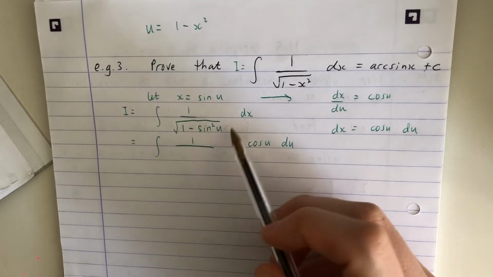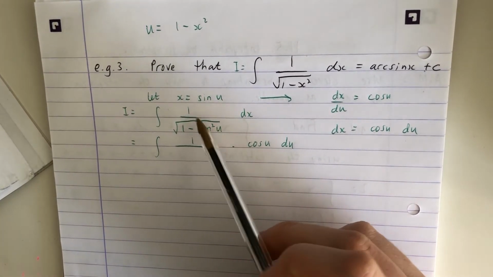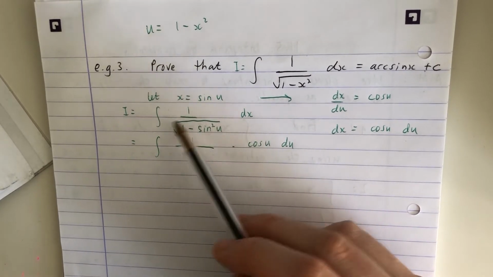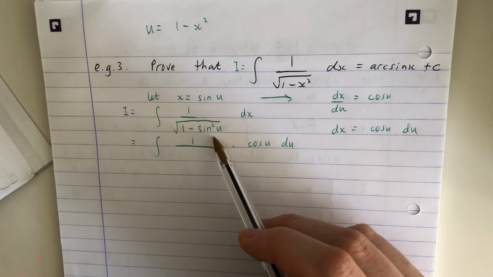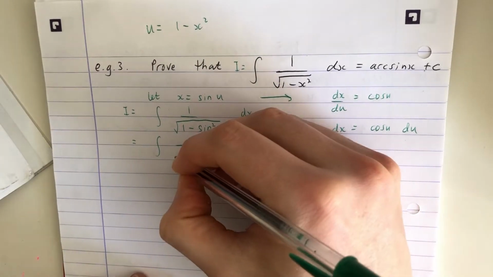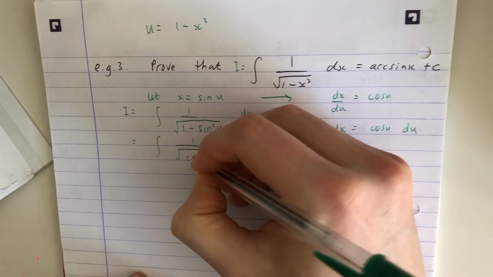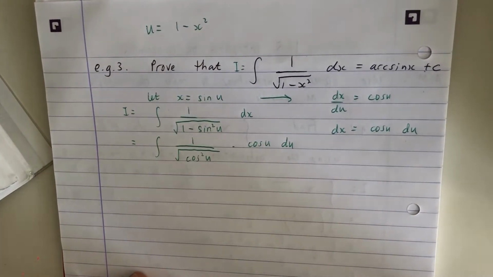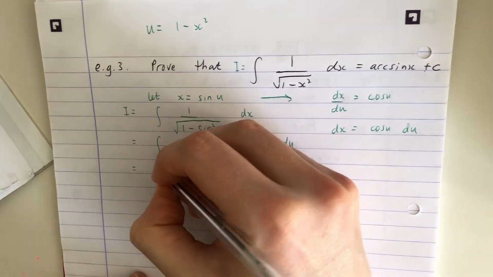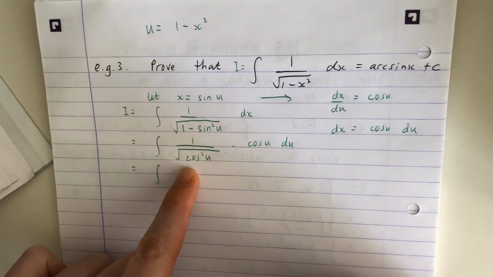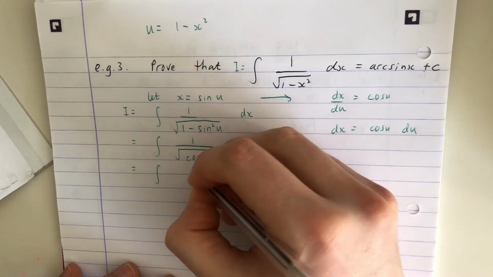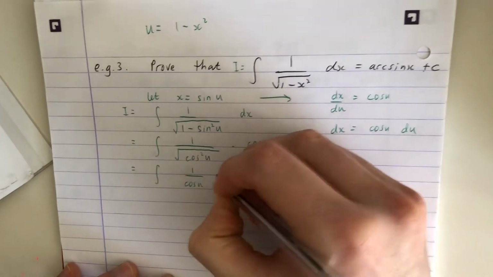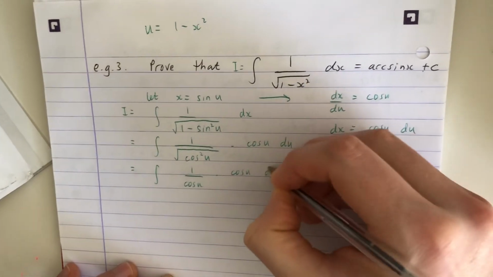Now, would this simplify at all? Because the whole purpose of a substitution is something will simplify, and 1 minus sine squared you should know is cos squared. So square root of cos squared u. And then 1 over square root of cos squared u, well, square root of a square, it disappears, so that's 1 over cos u times cos u du.